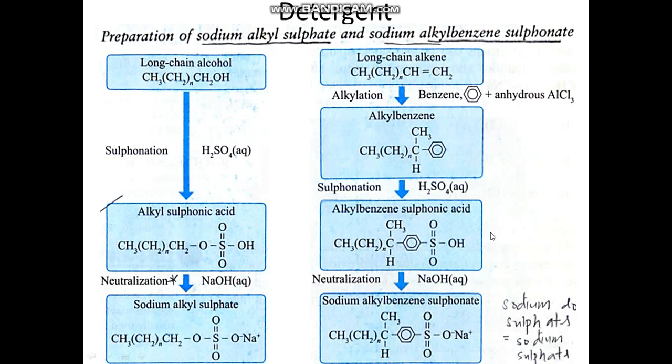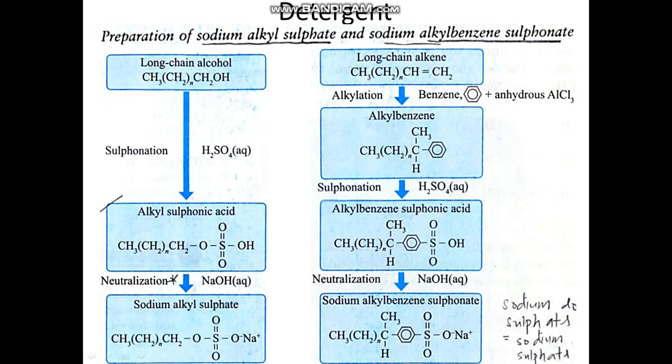I think you guys can find out the two similarities between these two flow charts. Sulfonation and neutralization. That means there are two important reactions used to prepare detergent: sulfonation and neutralization.